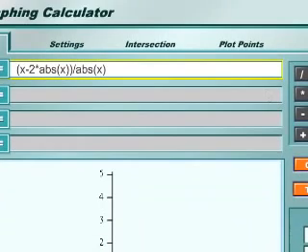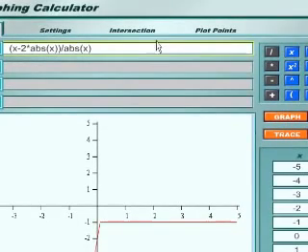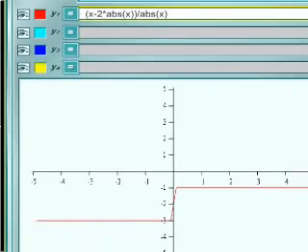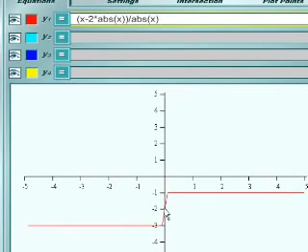The graphing calculator confirms the work we did. Although it connects them and it makes you think that it somehow approaches here, but that's just because it picks points and just plots them. So as you see, as you approach from the right-hand side, you approach -1, right? And actually you're at -1 the whole time on the right-hand side. As you approach from the left-hand side, you approach -3.